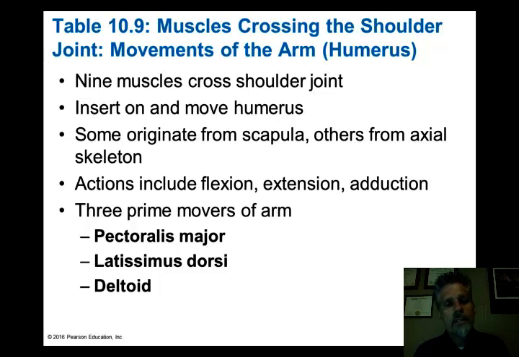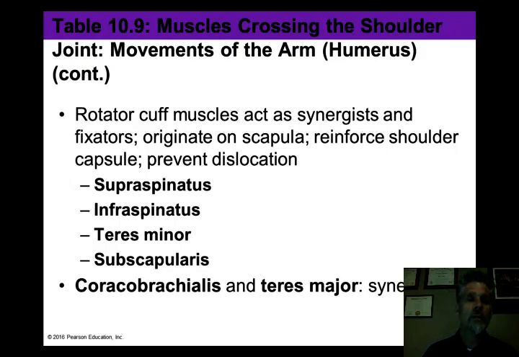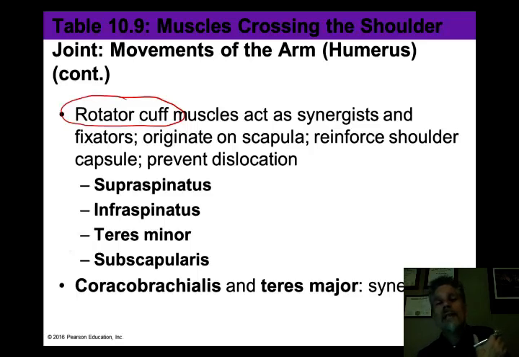All right, so with these ones that have an effect on the shoulder joint, again, remember, it all depends on what side of the limb it's attaching: the posterior side, anterior side, lateral side, medial side, etc. So we're going to find some that move that whole limb. We're also going to find the rotator cuff muscles that assist in keeping that head of the humerus attached to and close to that glenoid cavity.